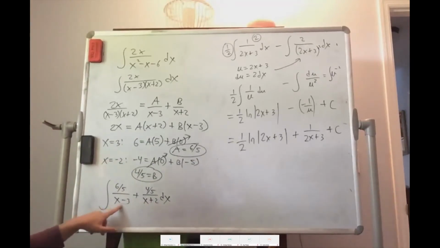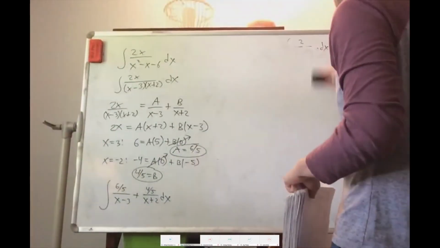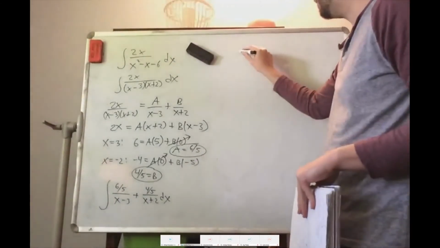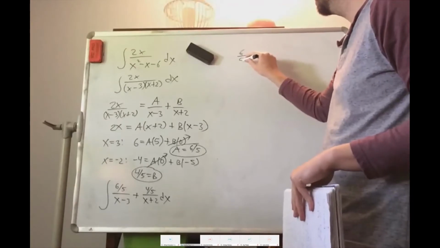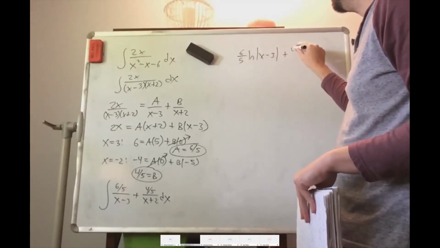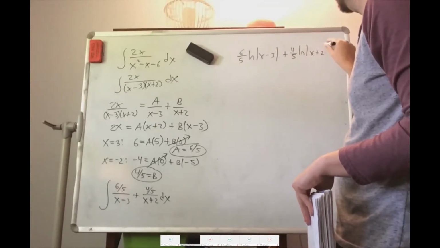They're both just going to be natural logs, and there's not even going to be a really meaningful u/du substitution with them, recognizing that it is going to be one, but it's not going to really affect my dx du. So I can just do it kind of carelessly and say that I get 6/5 times the natural log of x minus 3 plus 4/5 times the natural log of x plus 2 plus c.